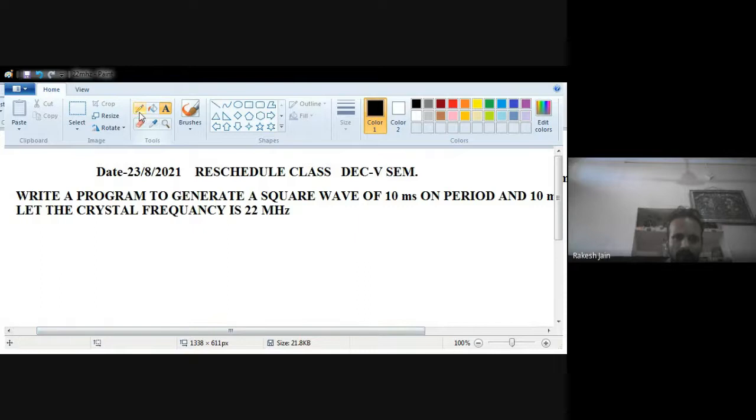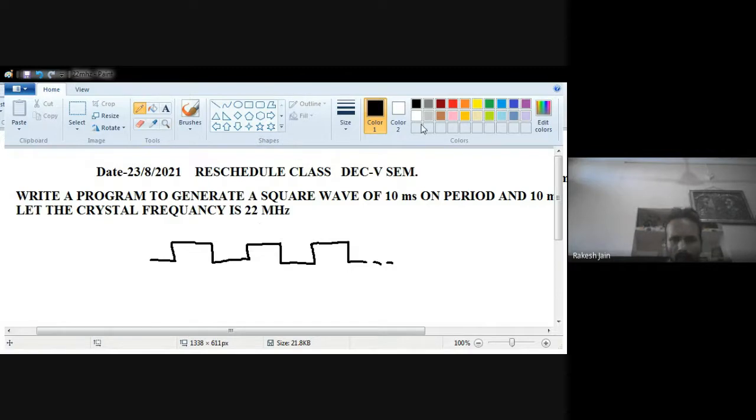First of all, what the program wants from us is that we should generate a square wave. A square wave will look like this, and so on.